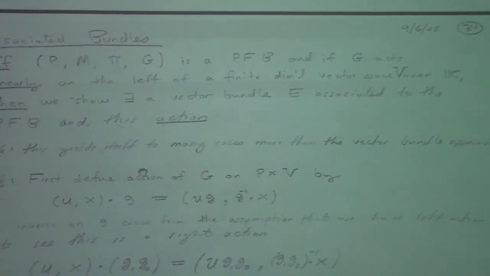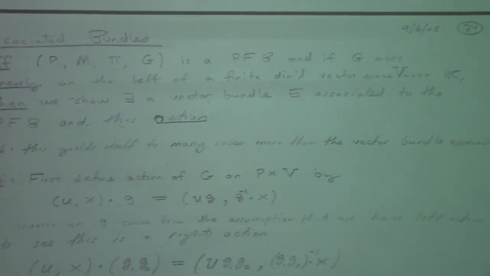All right. So continuing with my maximum compression lecture. If an associated bundle, if we have P, M, pi, G, a principal fiber bundle, and if G acts linearly on the left of a finite dimensional vector space V over K, then we show that there exists a vector bundle E associated to the principal fiber bundle and this action.